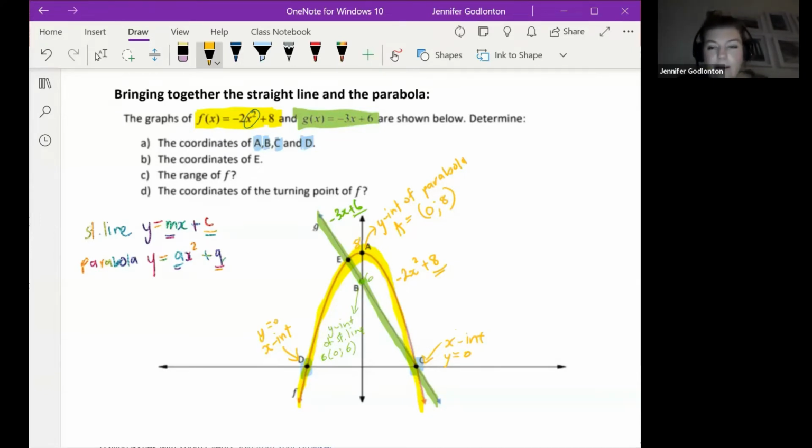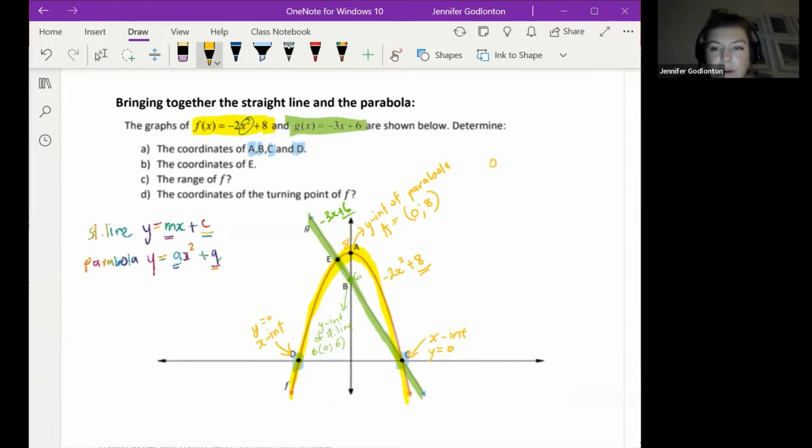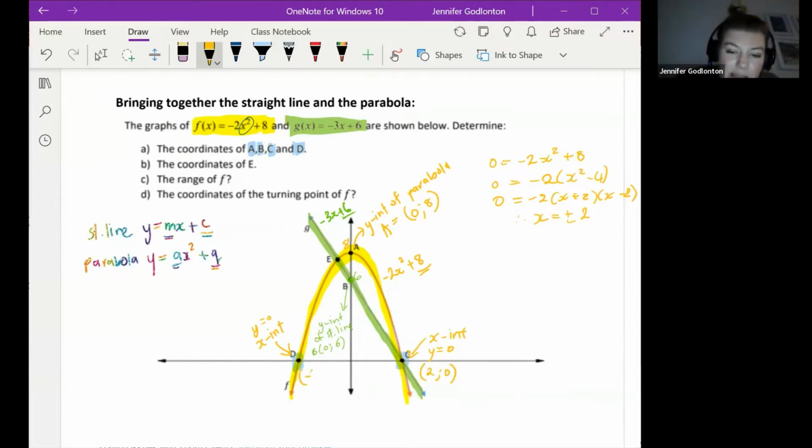So we would say 0 is equal to negative 2x squared plus 8. 0 equals negative 2 times (x squared minus 4), which is x plus 2, x minus 2. And if you did it the other way around, that's absolutely fine. You will get the answer that x is positive or negative 2, which means that C is 2 and 0, and D is negative 2 and 0.